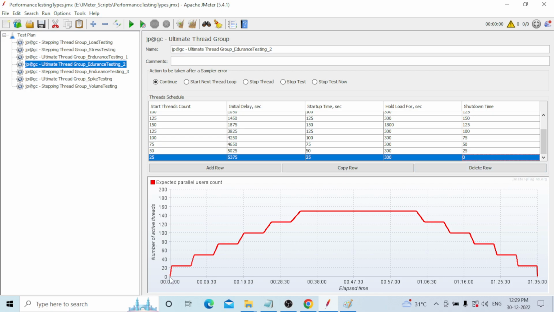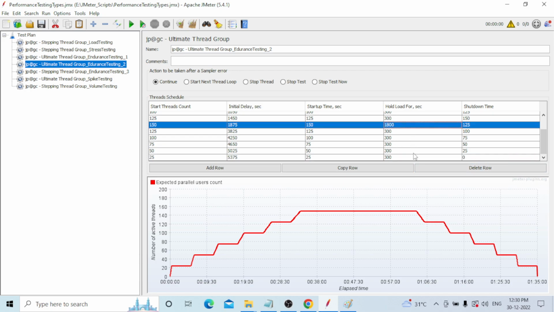Okay, this is the way one by one step you need to design. Give the long period, however much period you require, and in the same way step by step you go down, ramp up and ramp down. I will give around 1 hour 35 minutes; in the same way, however many hours you require, you can give.